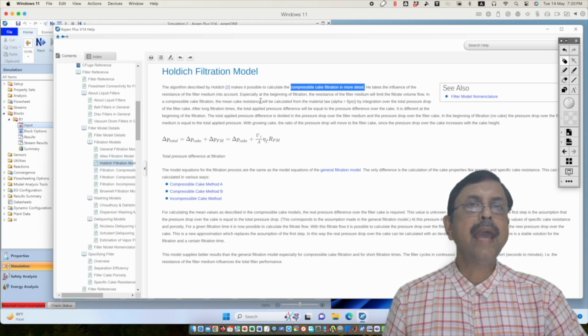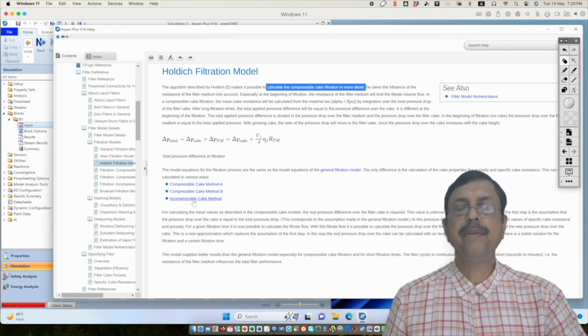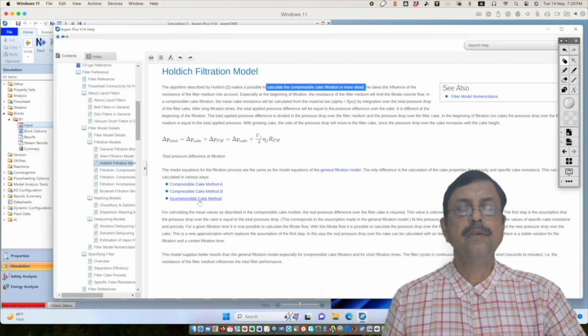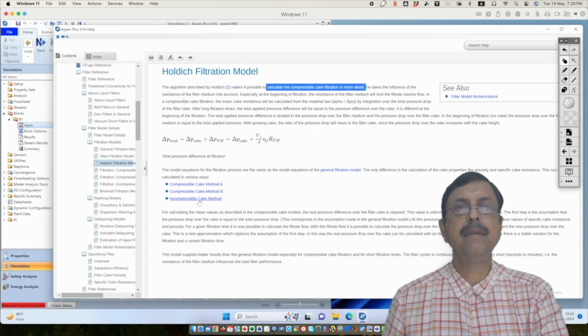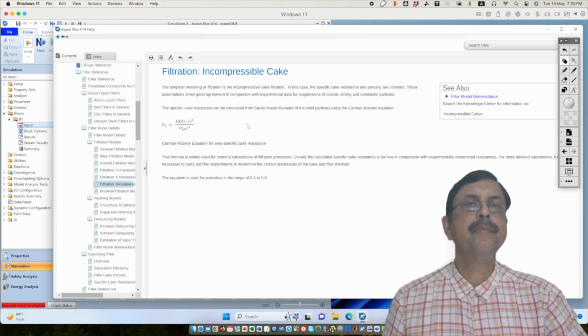As I said, it calculates the compressible cake filtration in more detail, and you see how these calculations are done. Three methods are given. The first one is the incompressible cake method. It is general. Sometimes it is the incompressible cake method. So the Kozeny-Karman equation can be used.